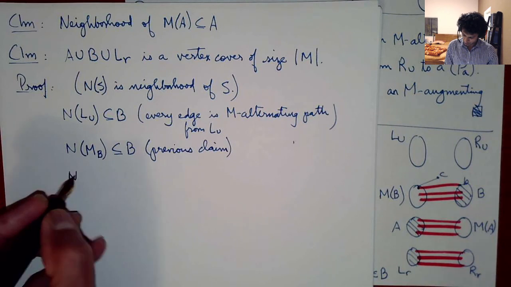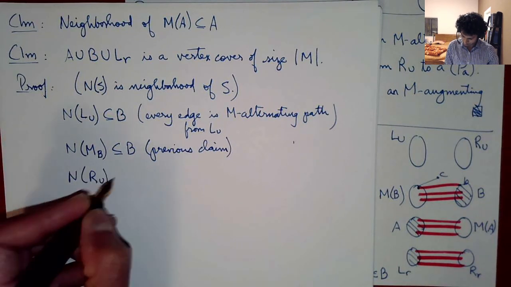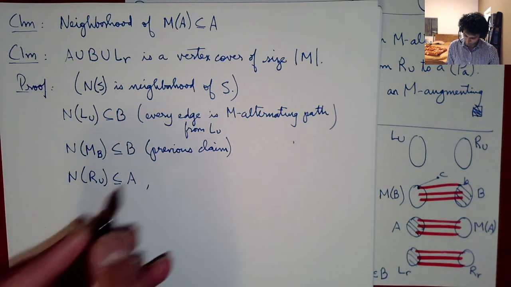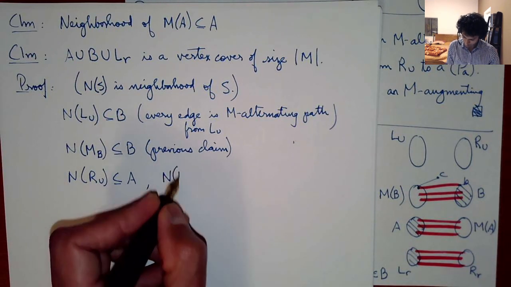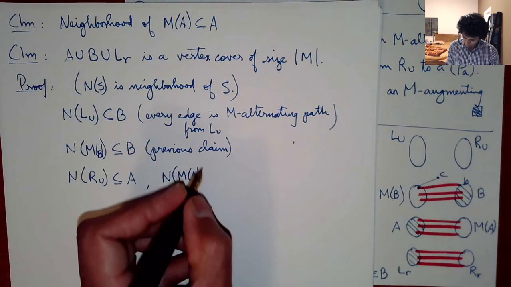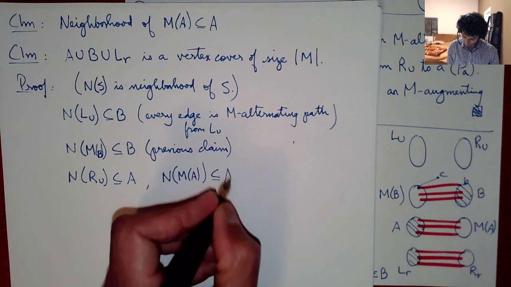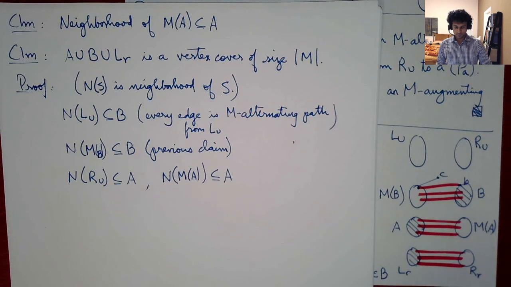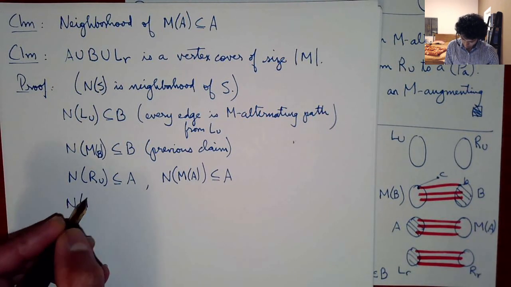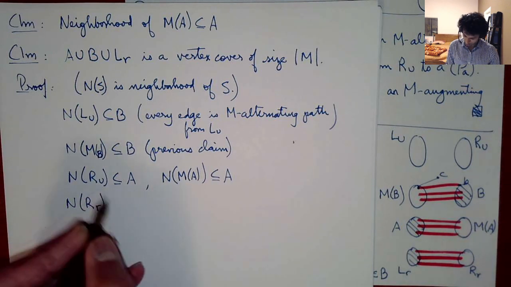Similarly, you have the neighborhood of RU. This is going to be contained in A. And we have the neighborhood of MA. This is contained in A. So the neighborhood of RR is contained in LR.